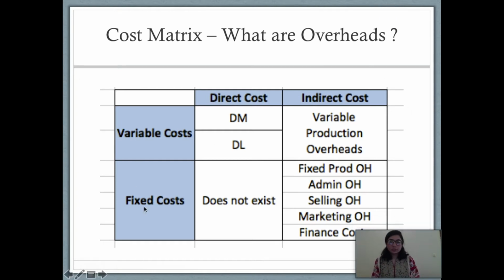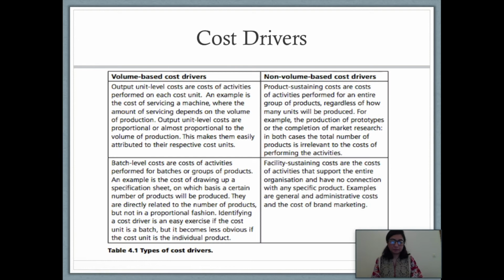This cost matrix is the key in management accounting because it segregates what is variable, what is fixed, what is direct, what are overheads, right? So I'm hoping that once you memorize this table, you won't have any problem segregating the costs in any question.